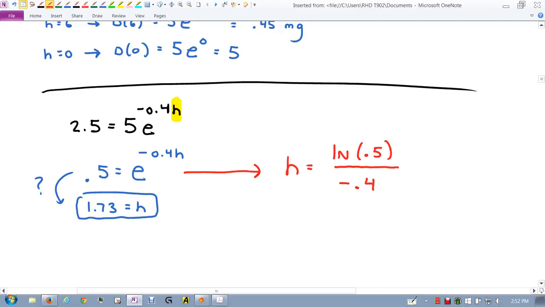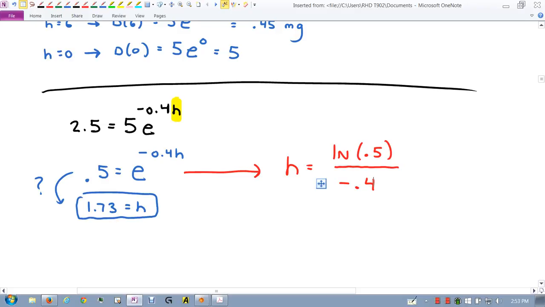In other words, you take this 0.5, take the natural log of it, and once you get that answer, you divide it by whatever was up here, just the number, and that'll tell you what H is. So you press L and then N, put 0.5, close your parentheses, divide that by negative 0.4, and you should get 1.73.